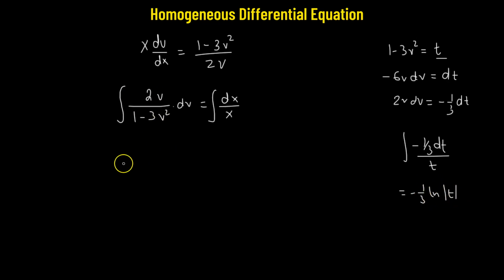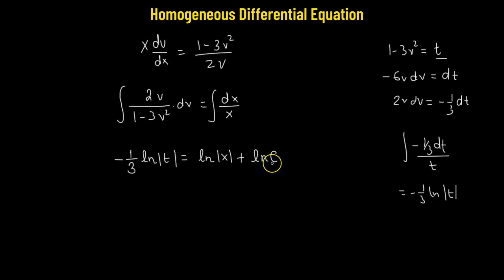That means the integral is negative 1/3 times natural log of t equals the integration of dx over x, so that will be natural log of x plus the constant of integration. But since we have considered everything to be in terms of log, we will consider our constant of integration in terms of log.